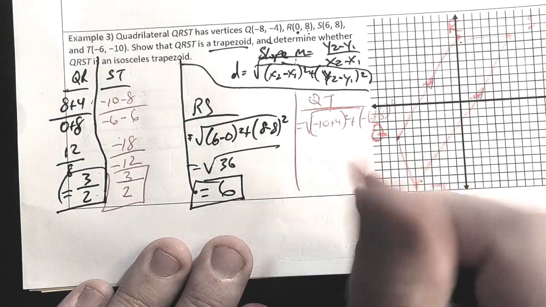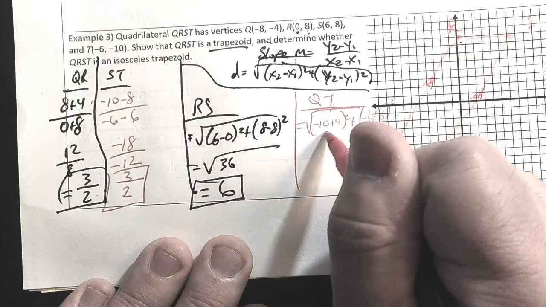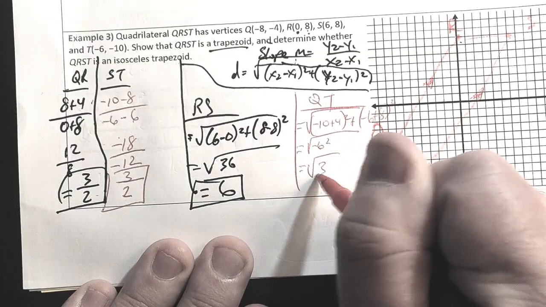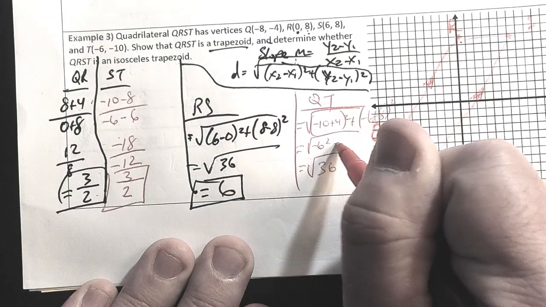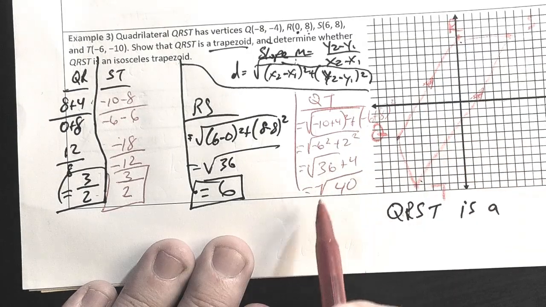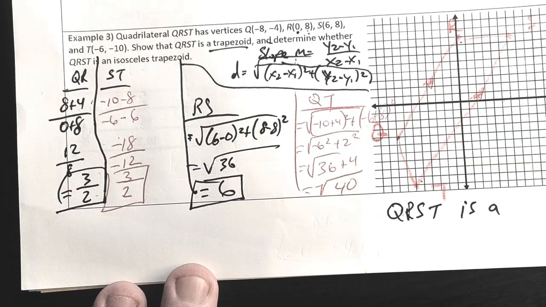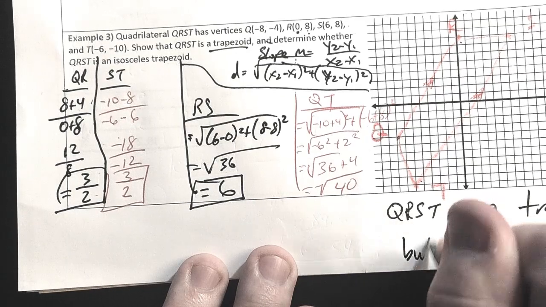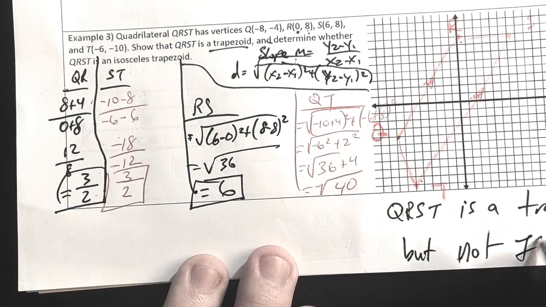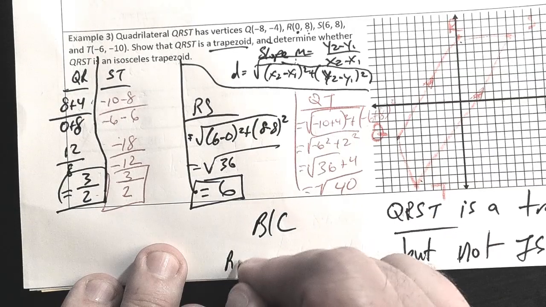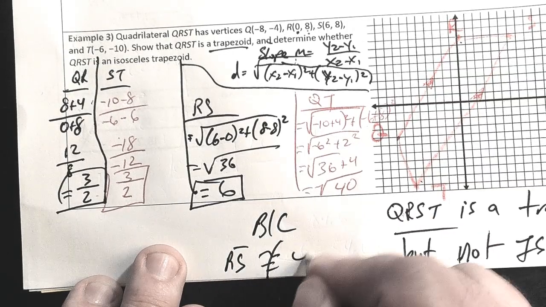So notice here, negative 10 and 4 make negative 6, and negative 6 squared would be 36. But the problem is this is not 0 over here. This is 2. 2 squared is going to be 4. So this is going to be the square root of 40, which is a little bit bigger than the square root of 36. So this guy is a trapezoid, but not isosceles, and it's because RS is not congruent to QT.